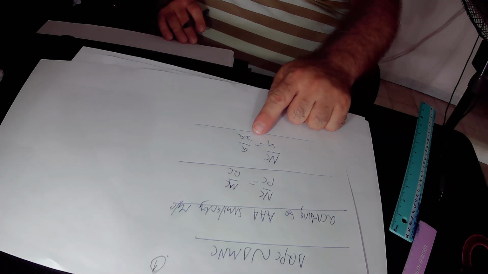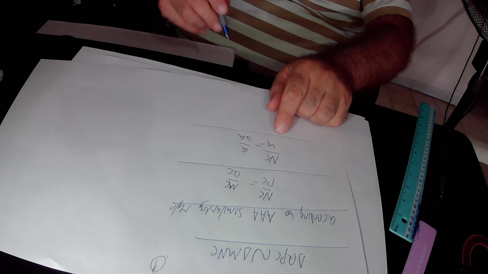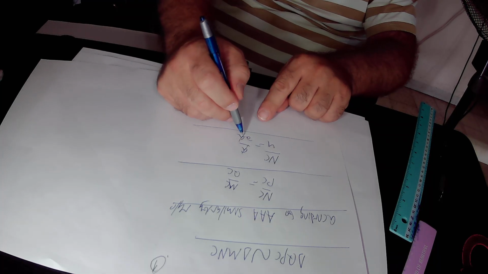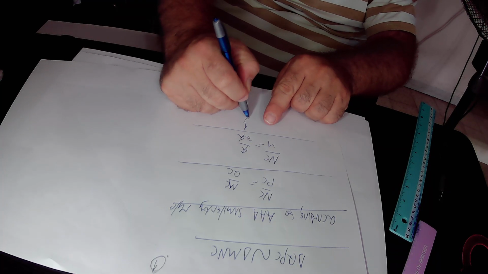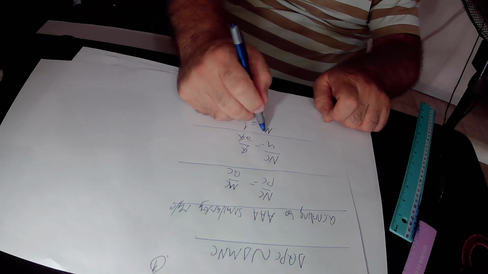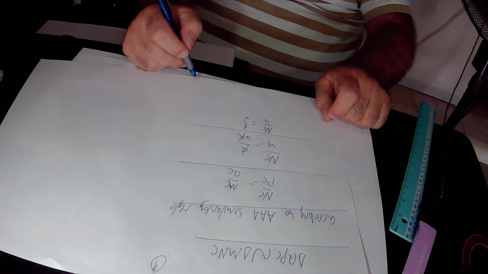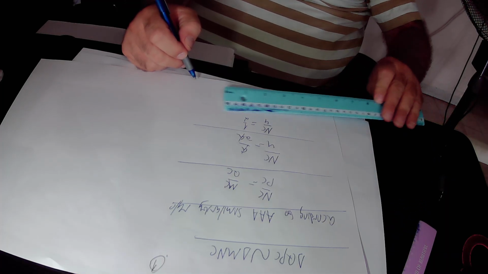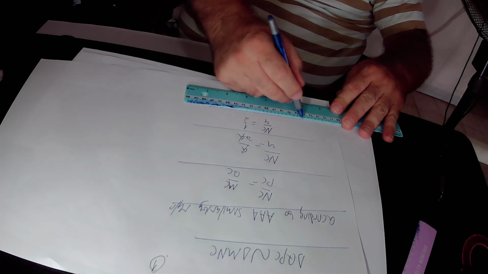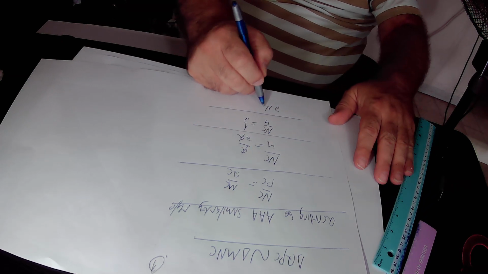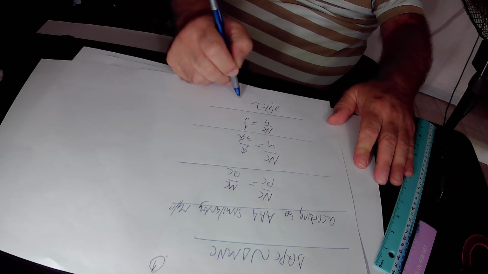Here we have A in the numerator and A in the denominator, so A will get cancelled. On this side of the equation, we are left with only 1/2. So 1/2 equals NC over 4. Here we cross multiply this equation, and we get that 2 times NC equals 4.